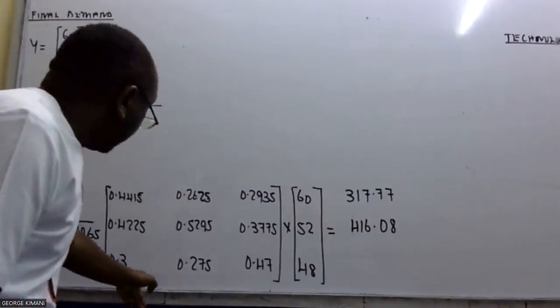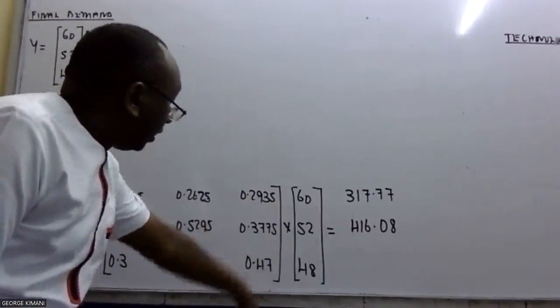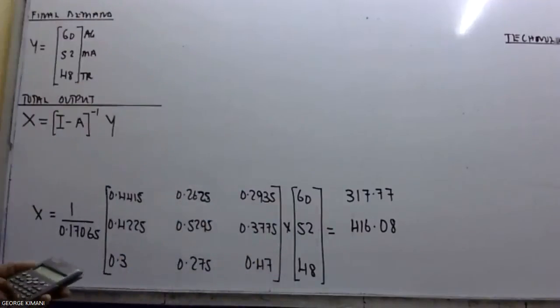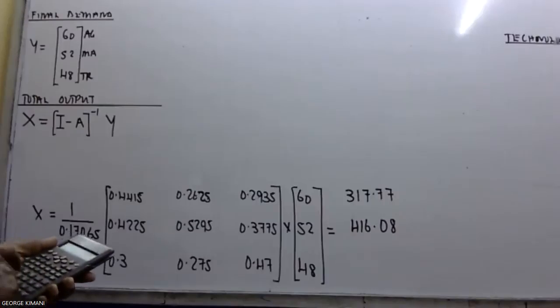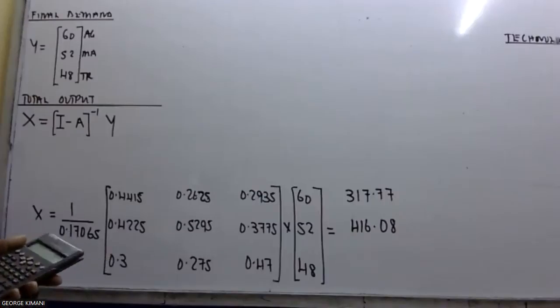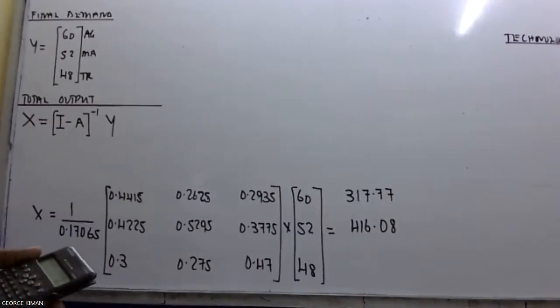Hii sasa nione. Hii na hii. 0.3 times 60 plus 0.275 times 52 plus 0.47 times 48. I am getting 54.86.